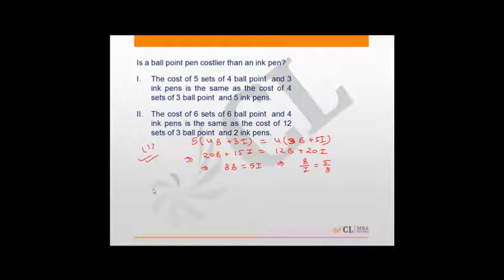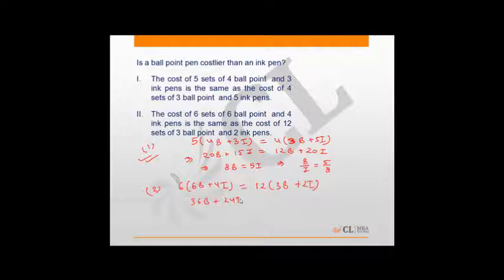Now let's check statement number 2. Cost of 6 sets of 6 ballpoint pens and 4 ink pens is the same as the cost of 12 sets of 3 ballpoints and 2 ink pens.